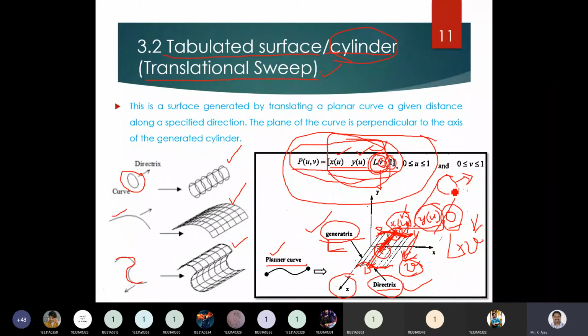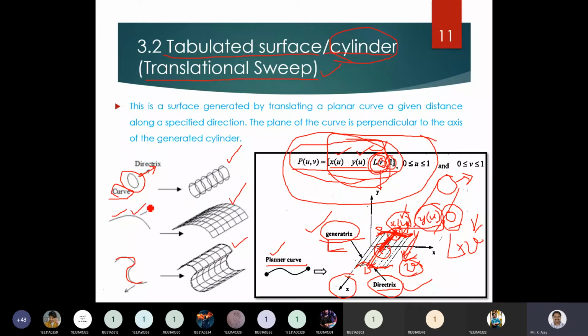So by considering the circle as a generatrix, and this straight line along the z-axis as a directrix, you take the circle and sweep it along the directrix. Whatever curve you are taking is nothing but the generatrix. I hope you are following. By performing this action, I can get the cylindrical surface.